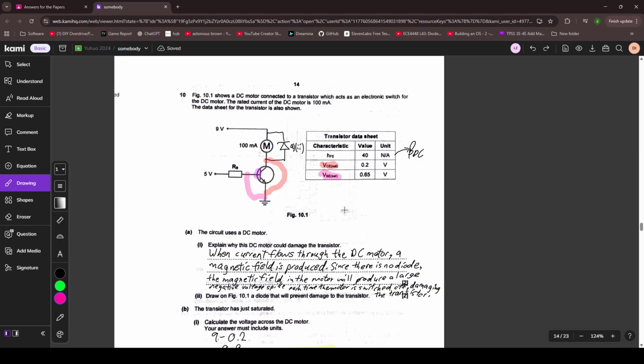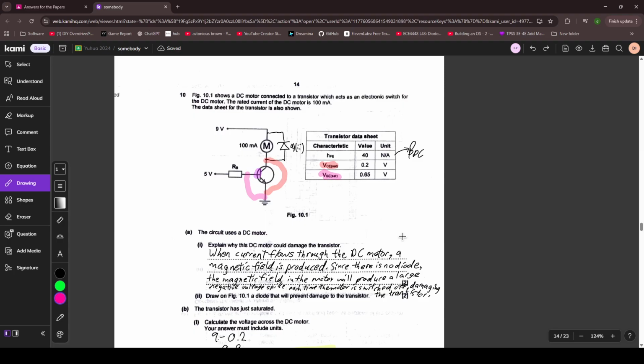Since there is no diode, the magnetic field in the motor will produce a large negative voltage spike each time the motor is switched off, damaging the transistor. So are you saying when there is a diode, the magnetic field will not produce a large negative voltage spike? Because if you are, that's wrong.